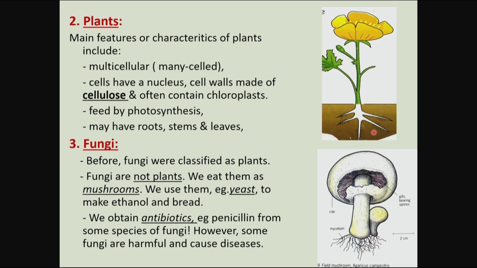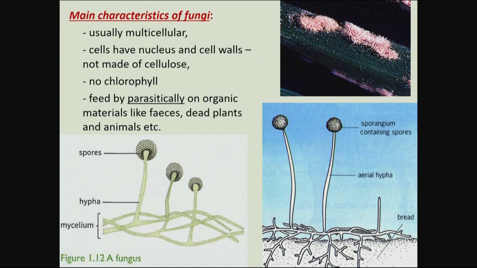Okay, we can also use them to get some antibiotics. You'll learn about this in the coming lessons: how we can extract, let's say, penicillin from some species of fungi. Okay. And we have some very common ones, like the one you're seeing there, the mushroom. Some are edible, even though we have some fungi which are harmful and can cause diseases.